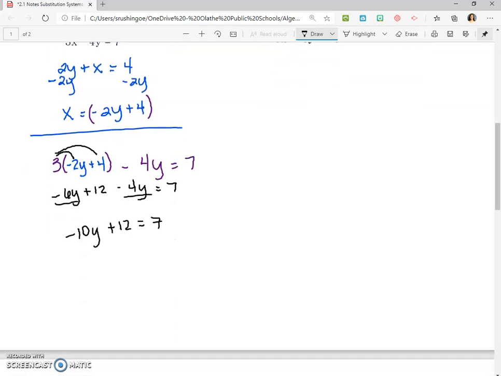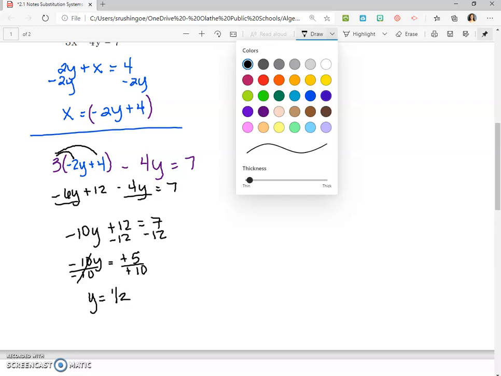And then I'm going to subtract 12. Negative 10y is equal to negative 5. And then I'm going to divide by negative 10. So this right here, if we think about if we pulled a 5 out of both of those, it would be 1 over 2 or 1/2, and it would be positive. So y is equal to 1/2. And now we're going to plug that half back in because I don't know what x is.